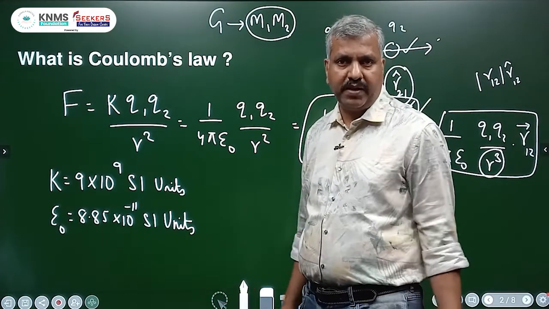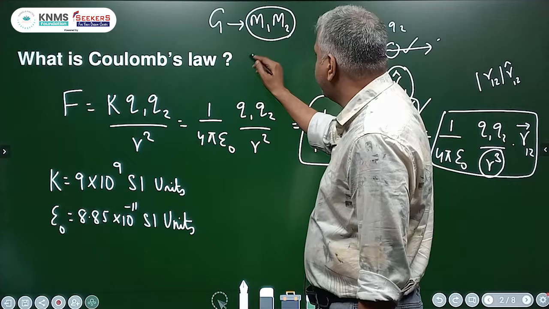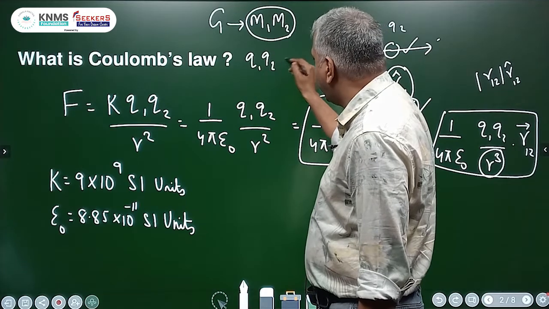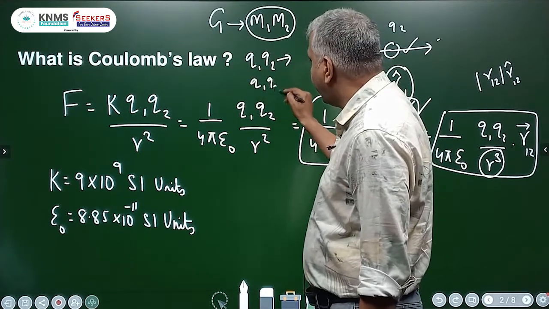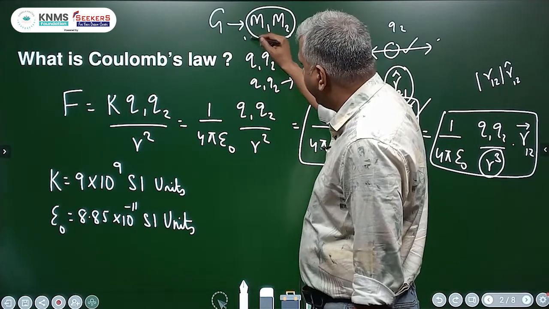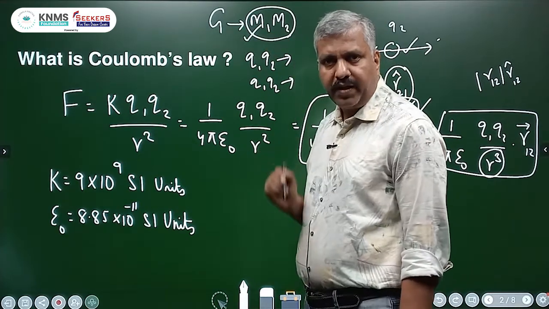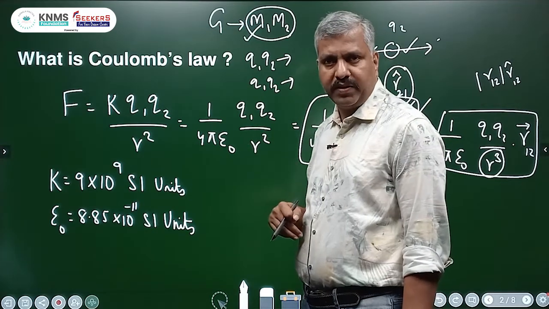We do not know anti-mass, we only know positive mass. Unlike that, in case of charge, Q1, Q2 could be like charges, or Q1, Q2 could be unlike charges, which means that gravitation is always an attractive force, but in case of electrostatics, the force could be attractive or repulsive.